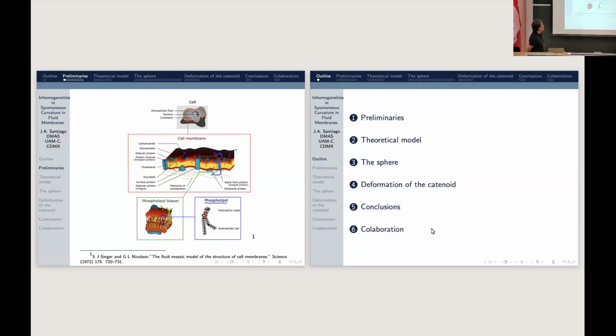And if we zoom in, we can see a bilayer with this kind of molecules. These molecules are phospholipids, and they are the basic structure of the bilayer. A lot of physical phenomena occur here.